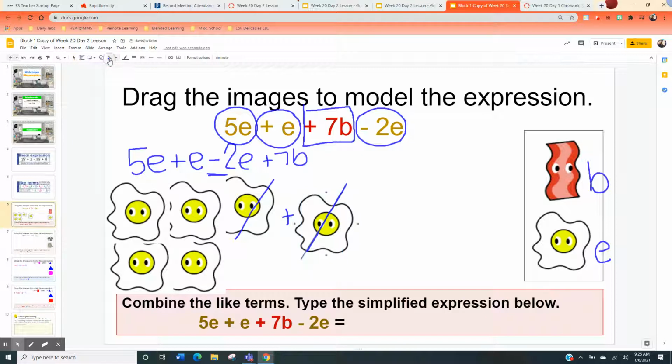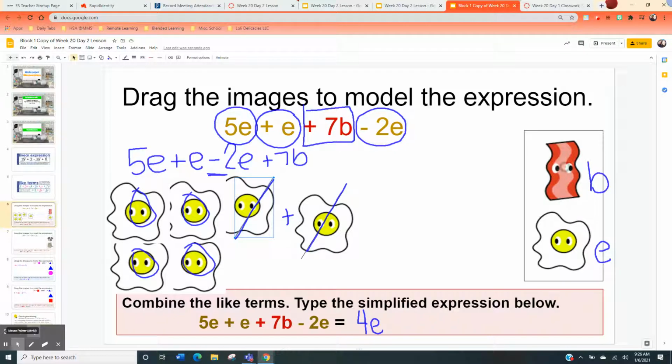And I'm going to do another one. So I'm taking away 2. So now I have 1, 2, 3, 4 eggs. So 4 eggs.